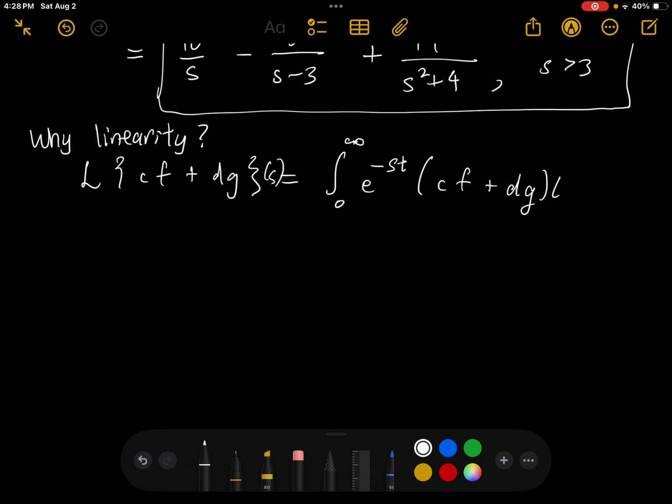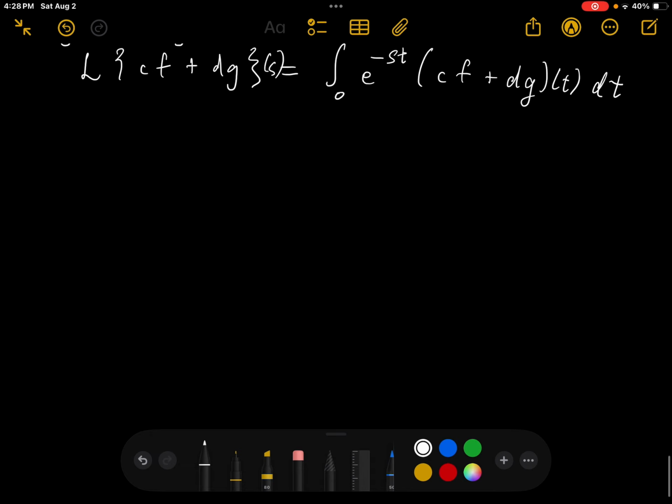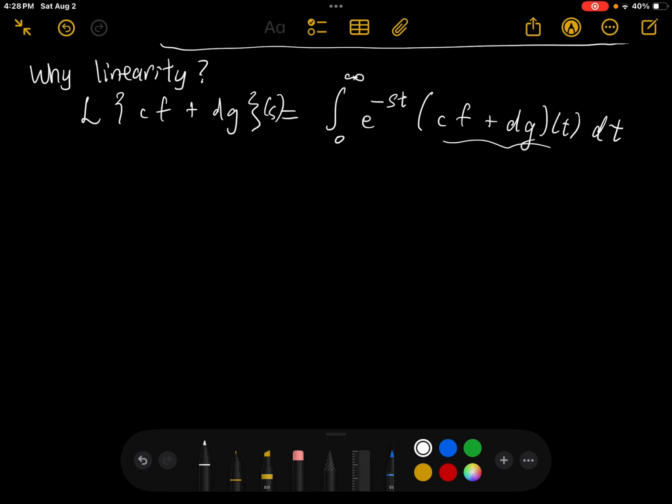This function of t, dt. And by definition of this function, this is going to be the integral from 0 to infinity of e to the minus st times c times f of t plus d times g of t dt.